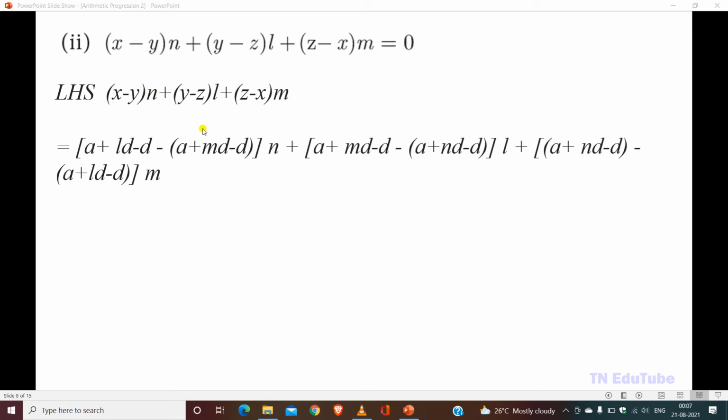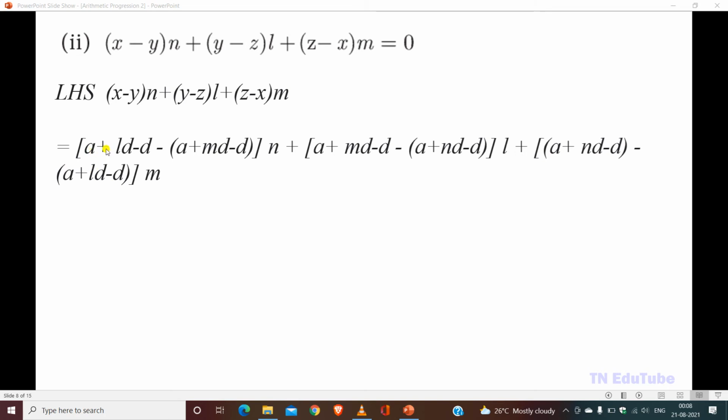Outside the bracket it is n having, so write n. y minus z, same way you substitute the value a plus md minus d, minus z value a plus n minus 1 into d, that is nd minus d, and z minus x, a plus nd minus d, minus x value a plus l minus 1 into d, that is a plus ld minus d.